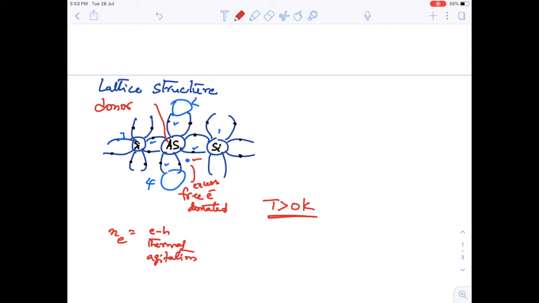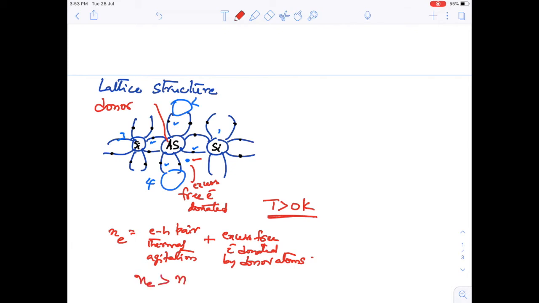So, due to thermal energy, electron-hole pair generation will take place, and there are electrons due to excess free electrons donated by donor atoms.